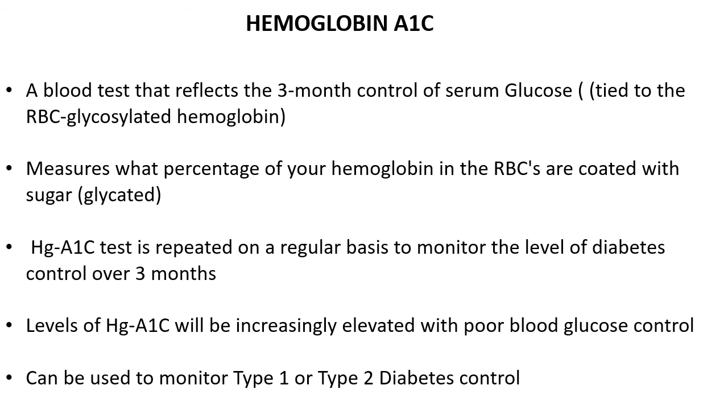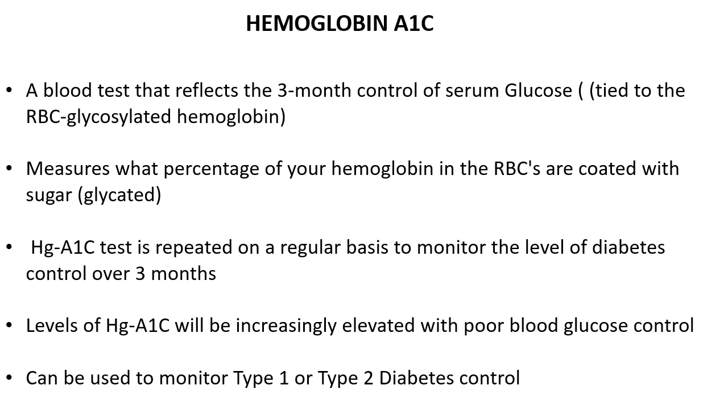And the higher the number, the poorer control of your diabetes that you've had over the past 3 months. So we can actually see someone's 3-month control before they come into the office by doing a hemoglobin A1C. Okay? And this can be repeated on a regular basis to monitor the overall sugar control in the blood over the previous 3 months.